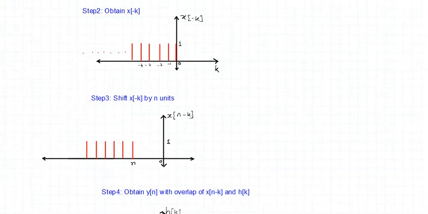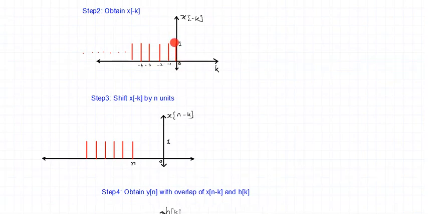Next step is to give a shift to the time reversed signal. We are going to shift it by n units, which results in a signal called x[n-k]. So we are shifting x[-k] by plus n units. It means that this signal is going to shift to the left hand side by n units. To show that, let us look at the sample at 0.